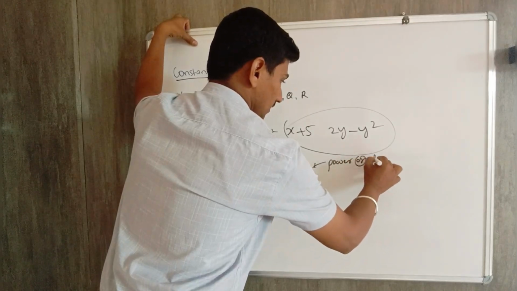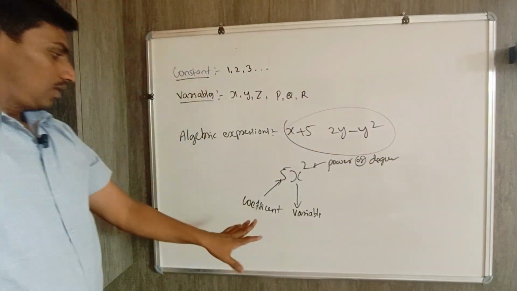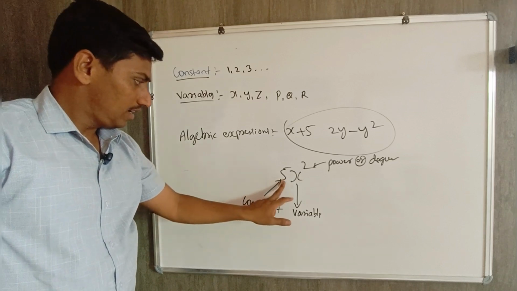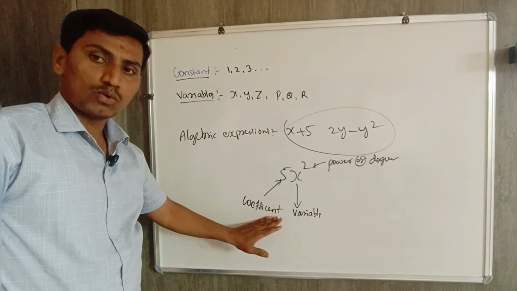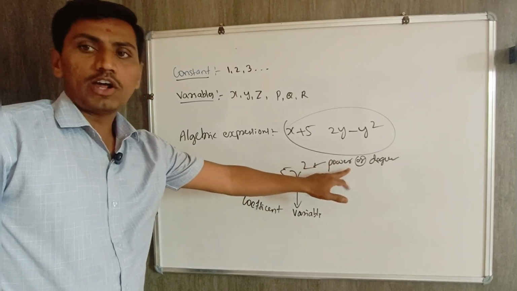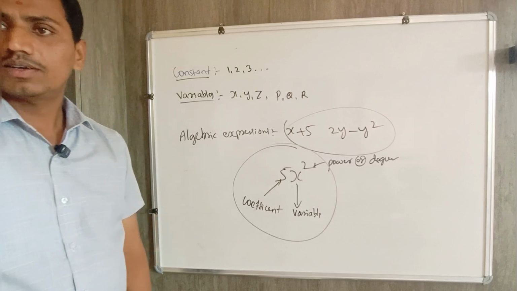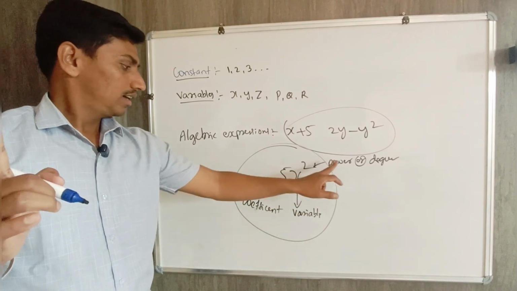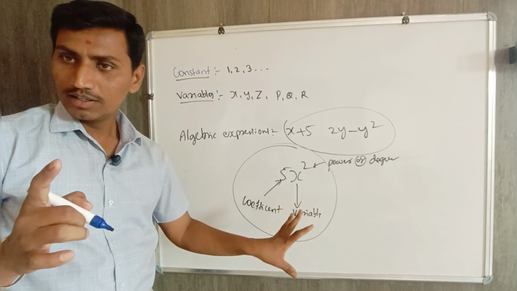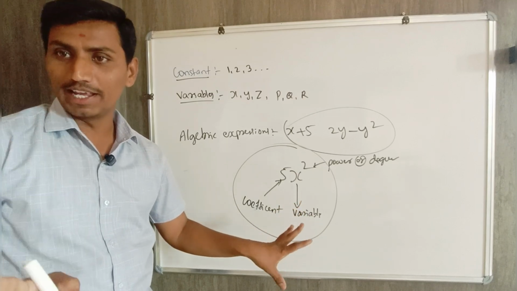One variable, one constant, one coefficient, one power or degree. So it is called what? It is called polynomial.